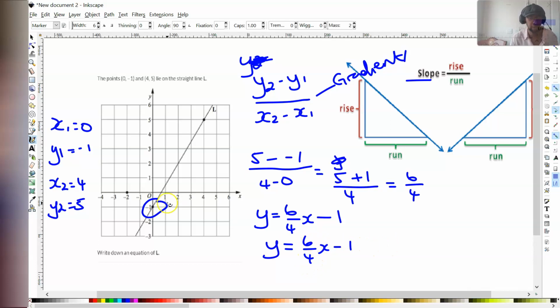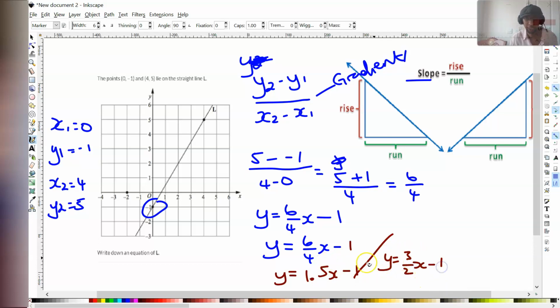Or you could simplify it. If I get a different colored pen, in case you did simplify, that would be y equals 1.5x minus 1. That's another way you could have done it. Or alternatively, you could have done y equals 3 over 2x minus 1, just simplifying that.